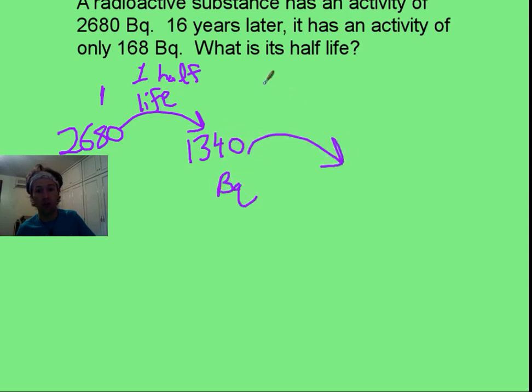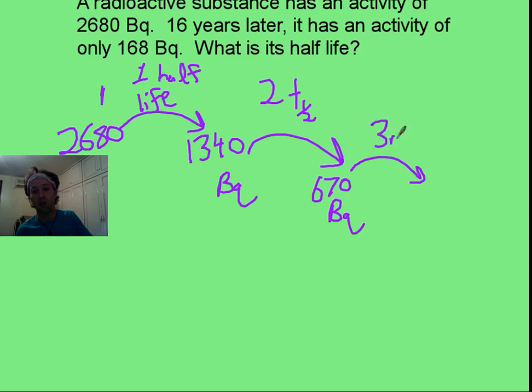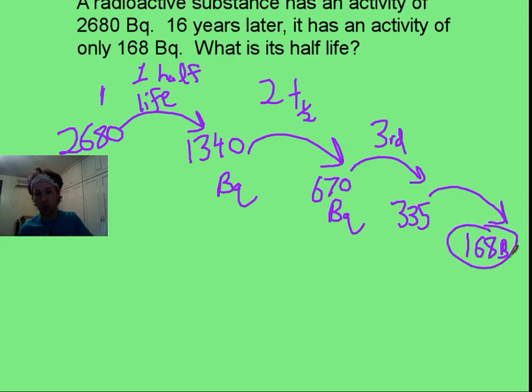Then it's going to go through 2 half-lives. That's my little abbreviation. And that's going to go to 670 becquerels. And it's going to go through a 3rd half-life, and that's going to go to 335. And it's going to go through another one, and that's going to go to about 168. What do you know? That activity is the same as this one.